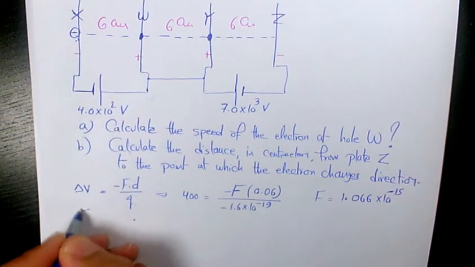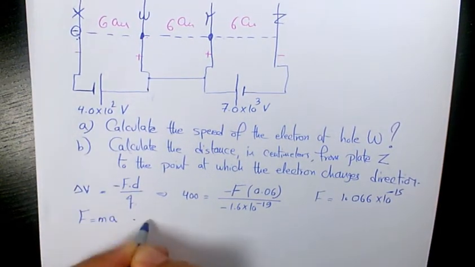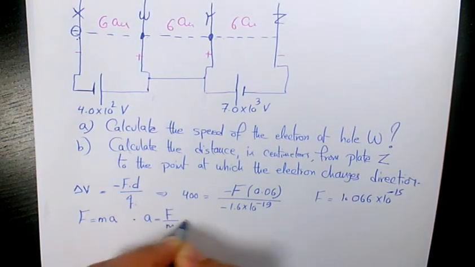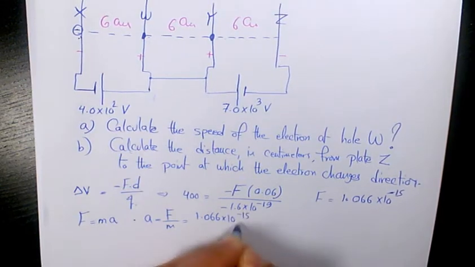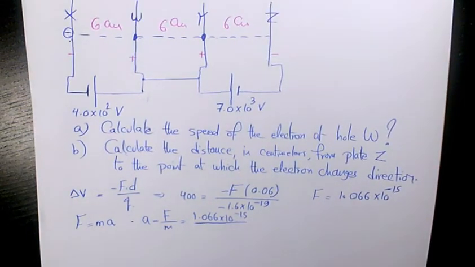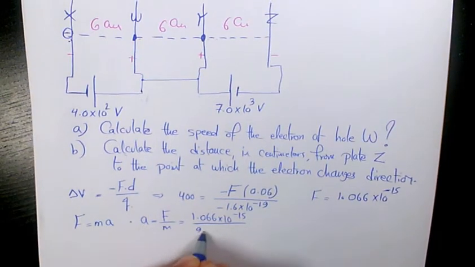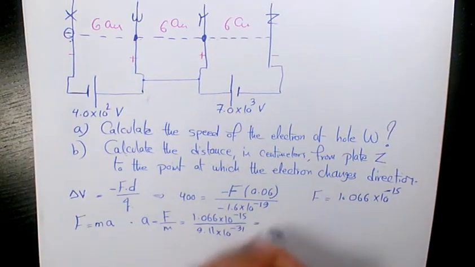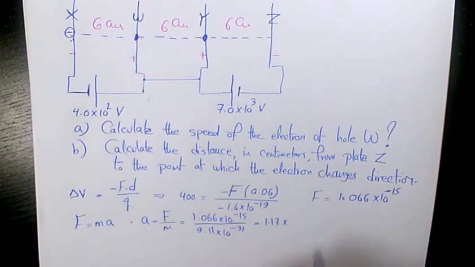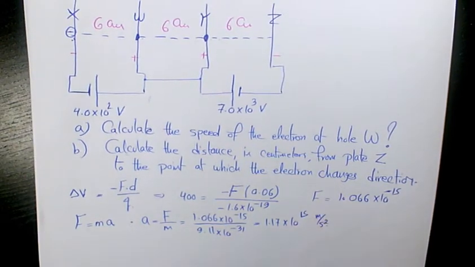Then F equals MA, so A will be F over M. M is the mass of the electron, 9.11 times 10 to the power of negative 31. That gives 1.17 times 10 to the power of 15 meters per second squared.